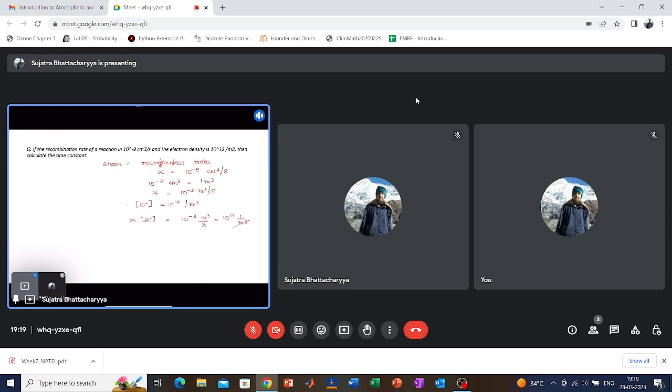Now meter cube cancels out, giving 10 to the power 9 per second. This is 1 by tau. Therefore, tau will be 10 to the power minus 9 second.